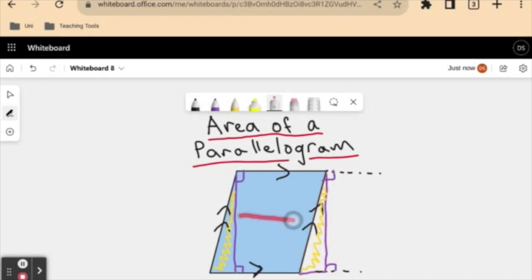So just shifting this yellow one to this yellow one, what shape do we get? Well, we're left with a rectangle, aren't we?